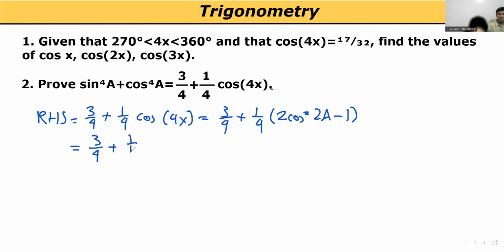So the 3/4 can be handled with 2 cos 2a squared.